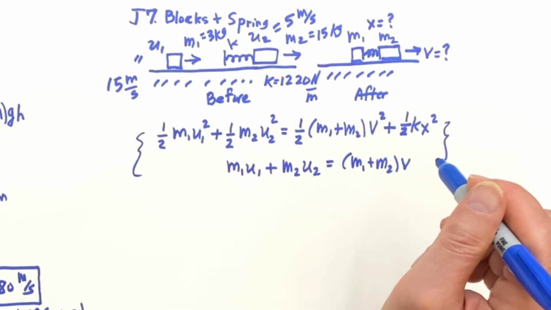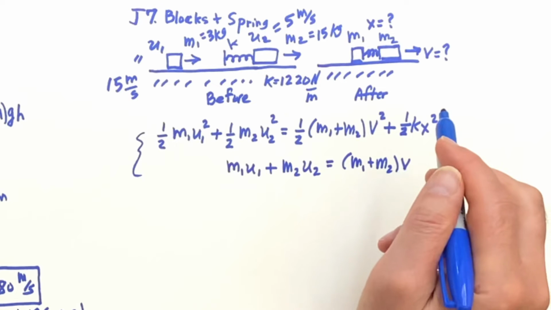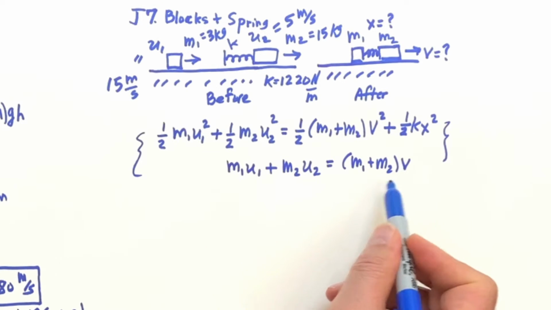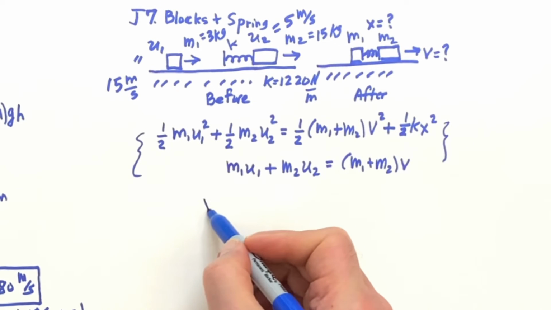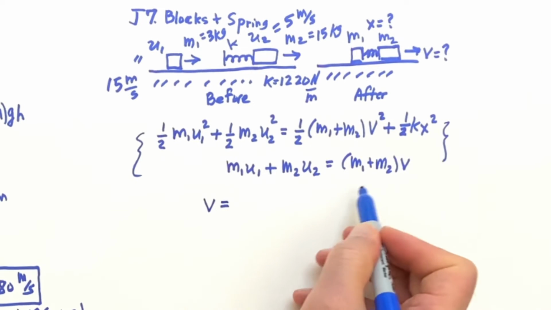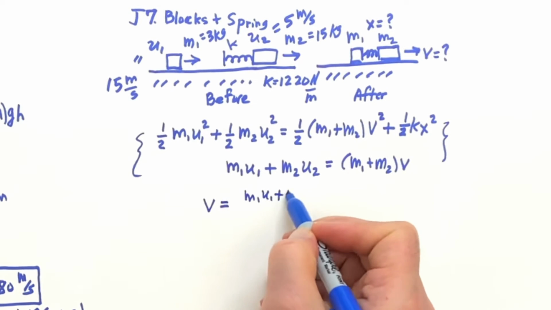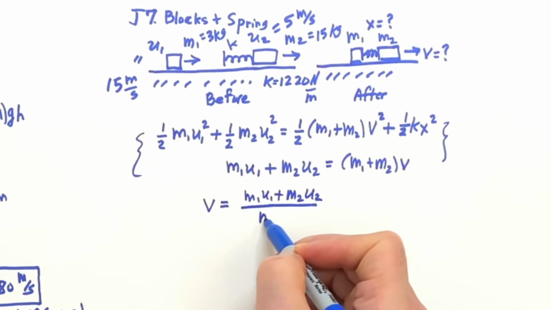So how might we approach this? Well, at this point, my preference is to just put in numbers and get this v right off the bat, because this v is going to be equal to m1u1 plus m2u2 over the sum.